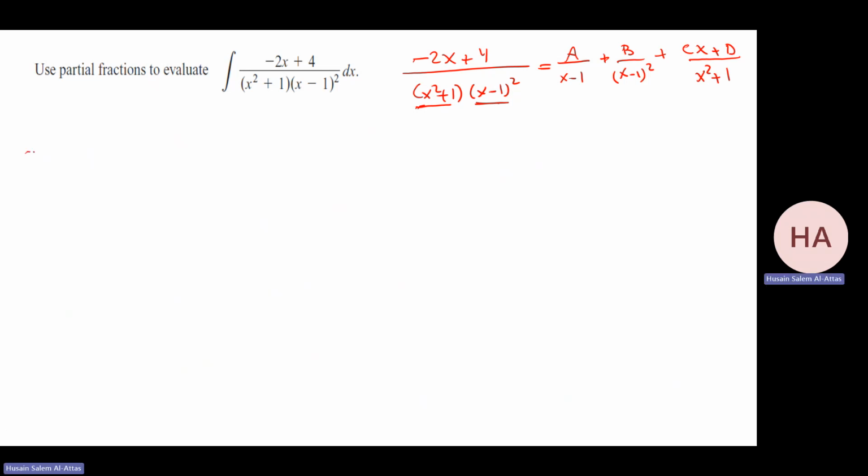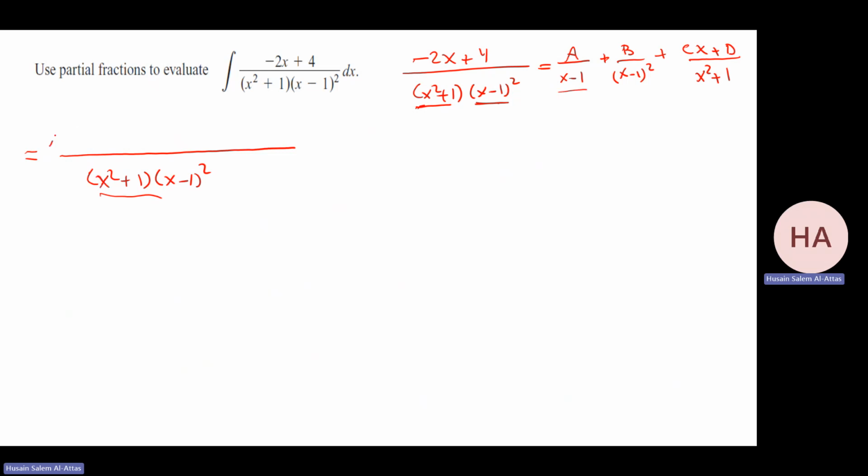Okay. Now I need to simplify that. I have (x squared plus 1) times (x minus 1). So if I divide this one by x minus 1, I'm getting what?